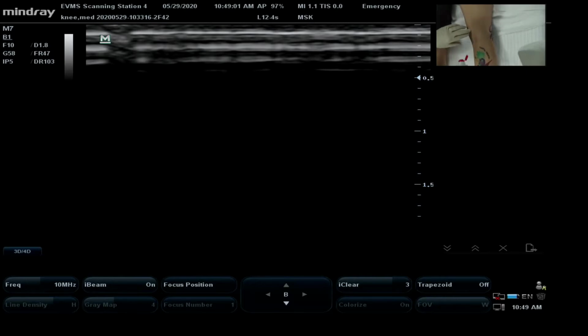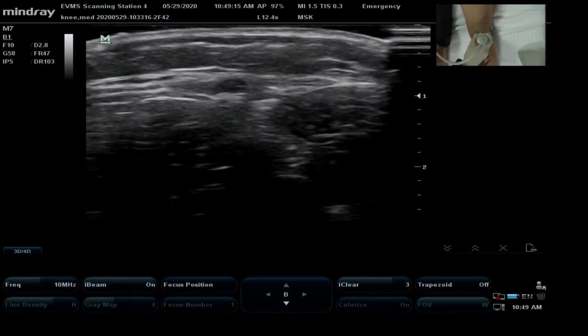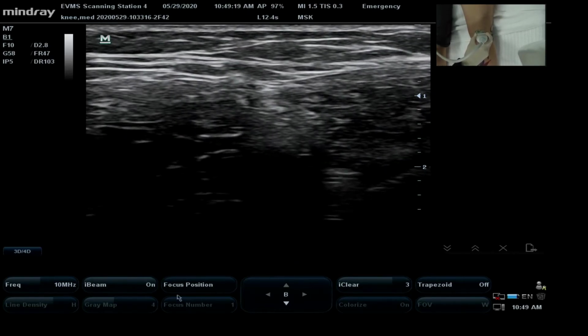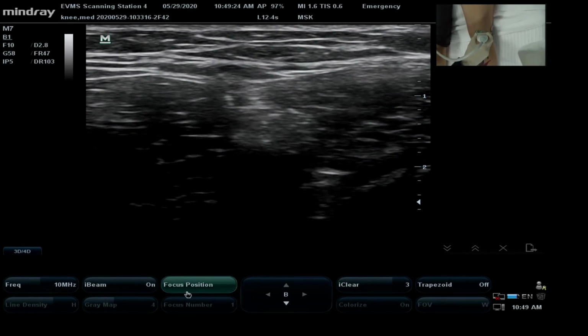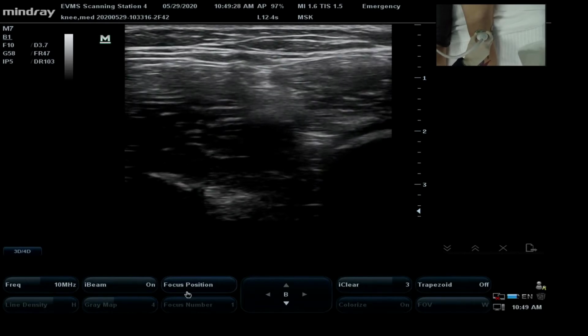So I'm going to put a nice generous gel in there, and remember that we're going to be looking a little bit deeper, so right off the bat I'm going to give myself a little bit of depth. I'm going to come in a transverse plane, and again bring my focal zone down and give myself additional depth, and there we get a little bit of perspective.